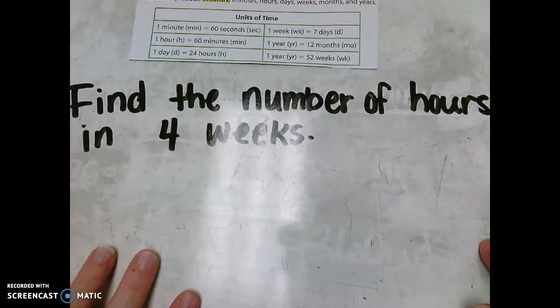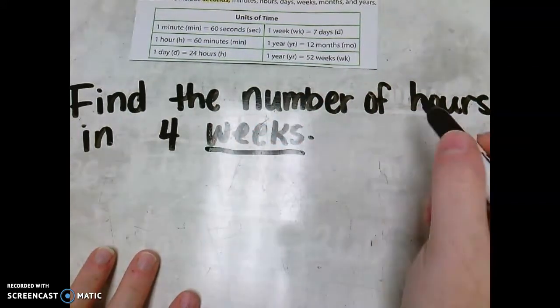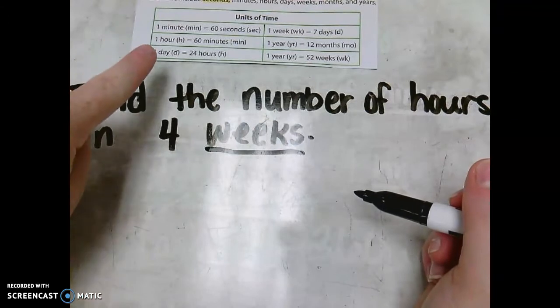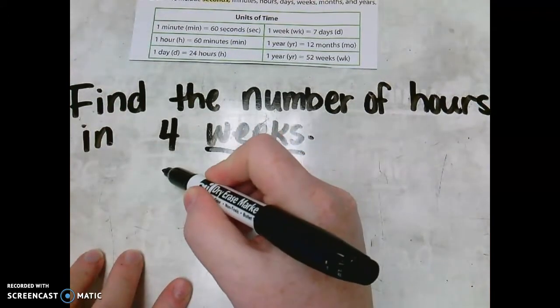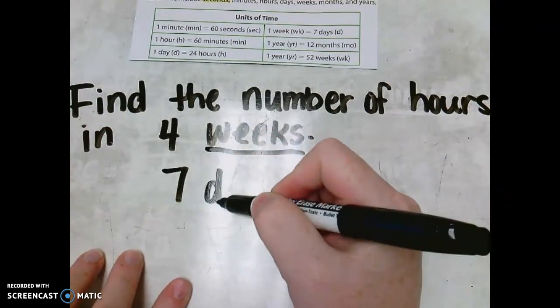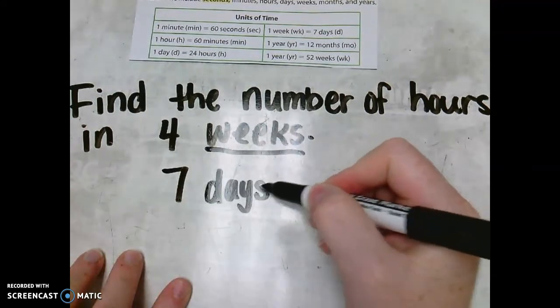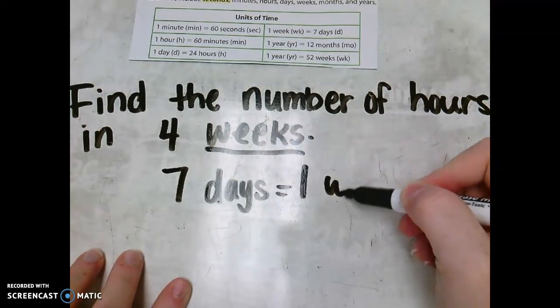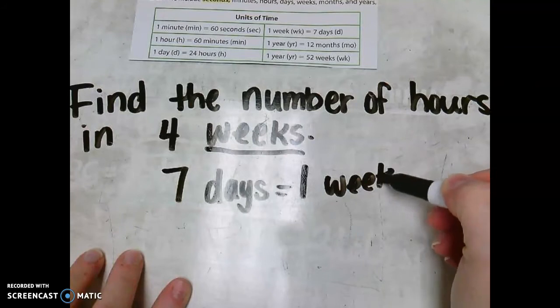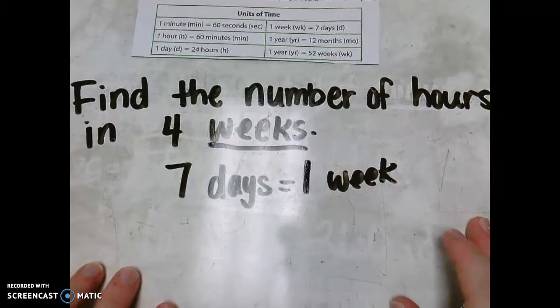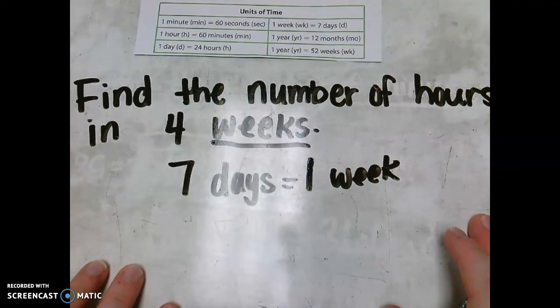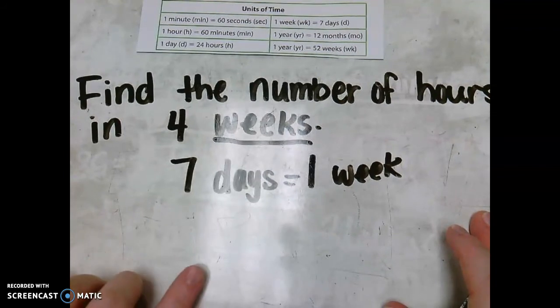So we know we're dealing with weeks, and we know from up here that there are 7 days in 1 week. So let's see how many days are in 4 weeks.